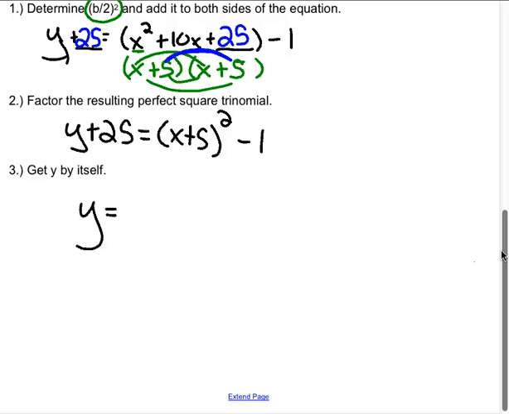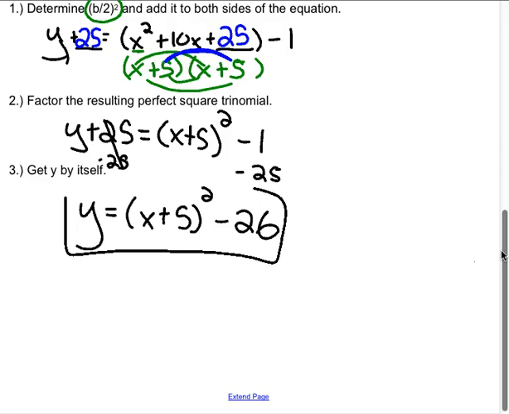So now I'm going to subtract off that 25. And that is where that negative 1 finally does something, okay? When I subtract that number back over, that is where that comes in handy. And this is what that equation would look like in vertex form.